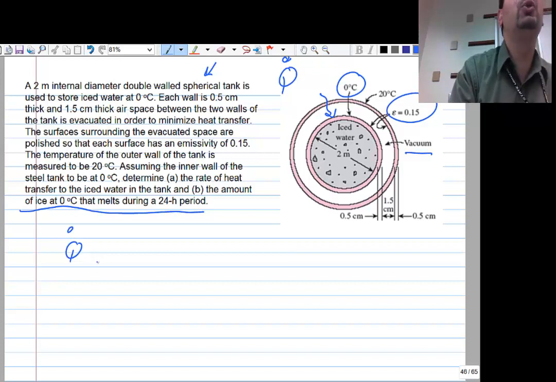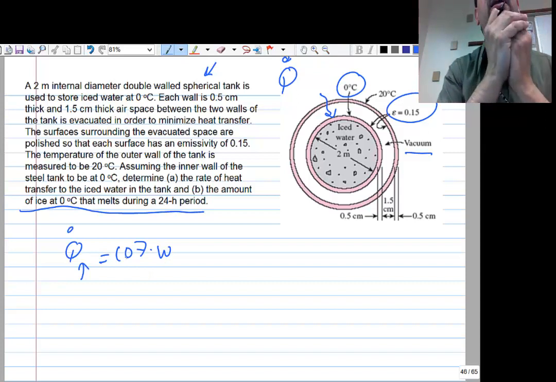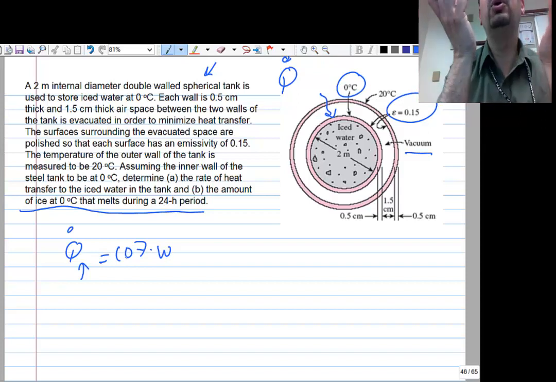What should I do for it to figure out how much mass of ice is melting? Imagine this, we calculated this, and let's call it 107 watt. That's how much heat is leaking by radiation from the outer to the inner. What should I do with it to calculate the mass of ice that will melt?